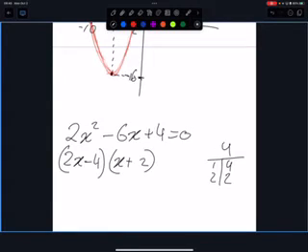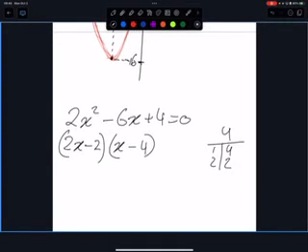This is 4, this becomes 0. Yes, 2x minus 2. Wait, I only need 1. This means I cannot regularly factorize this one.